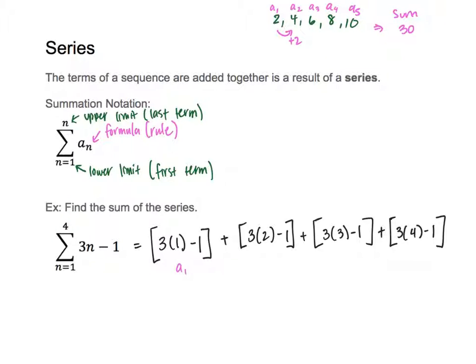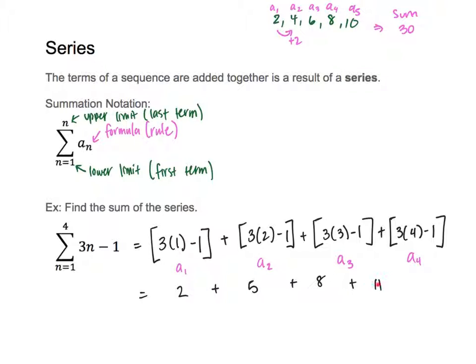So now you can see that this here is actually a string of our sequence, a string of numbers, right? Let's work it out. 3 times 1 minus 1 is 3 minus 1, which is 2, plus 3 times 2 is 6, minus 1 is 5, plus 3 times 3 minus 1 is 8, plus 3 times 4 minus 1 is 11.